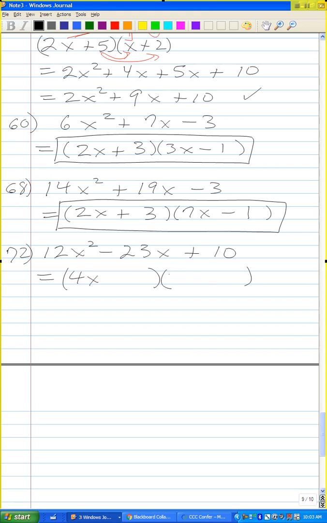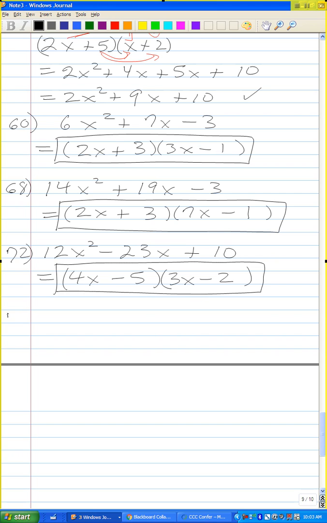Let's say 4x, 3x. Two quantities that multiply out to 10. Let's say negative 5 and negative 2. And now let's check that this is correct. So I get 12x squared minus 8x minus 15x is minus 23x plus 10. So that works.